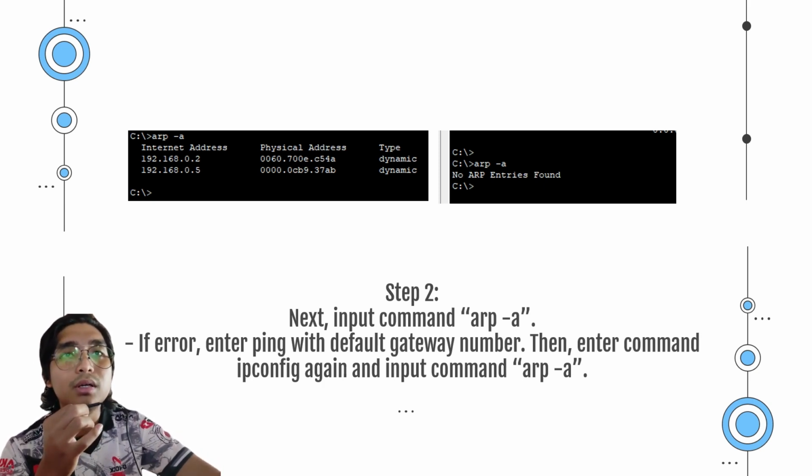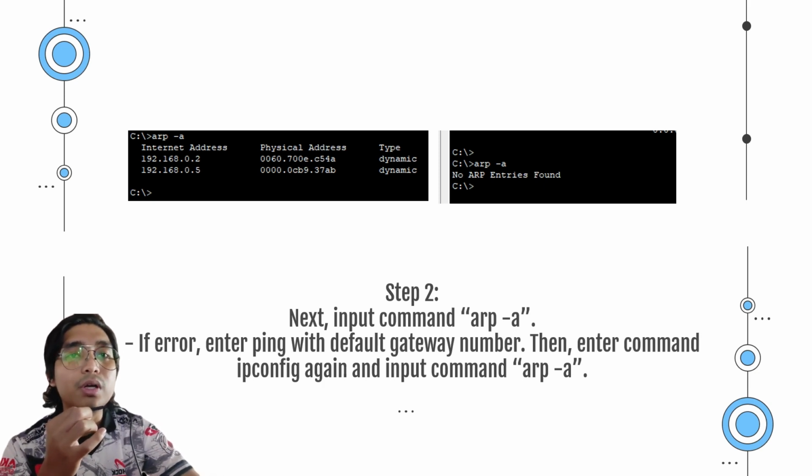After we ping, we need to ping the other next devices, the PC0 and the laptop, which means we need to ping all the devices that are connected to the network.